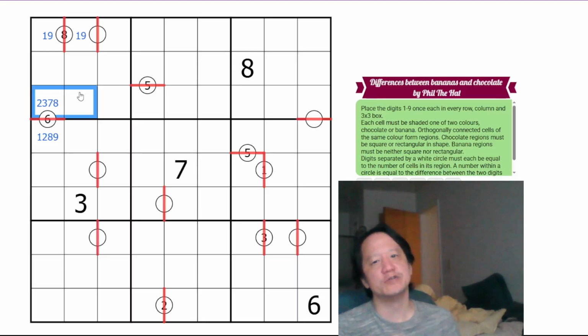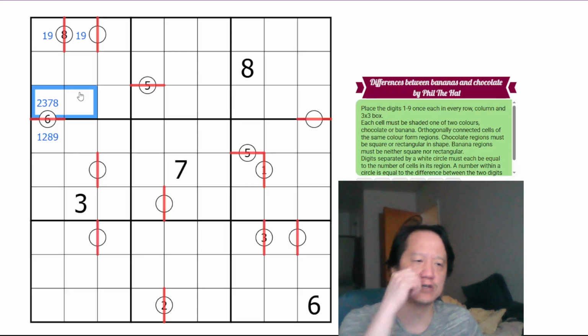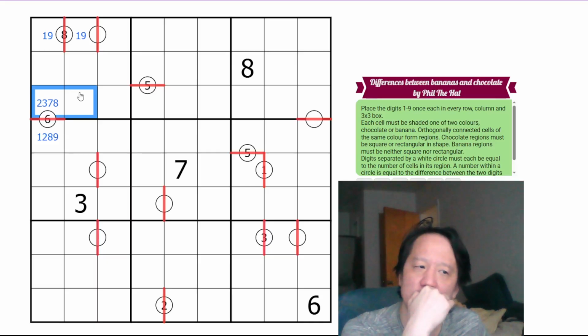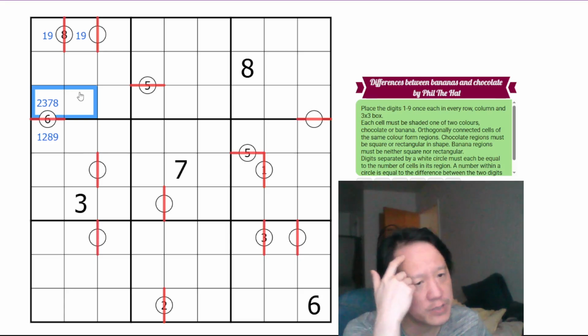Two is always going to be chocolate because it's always going to form a rectangle. 7 is always going to be banana.